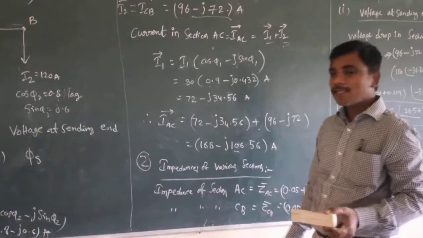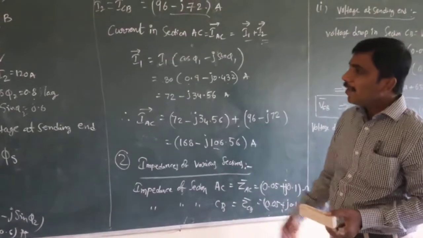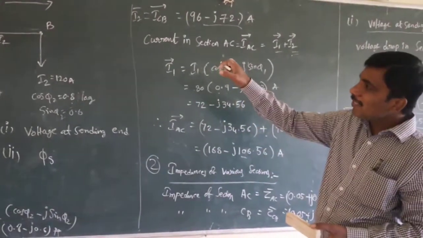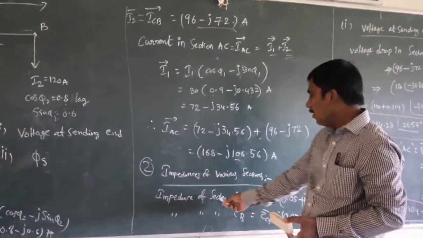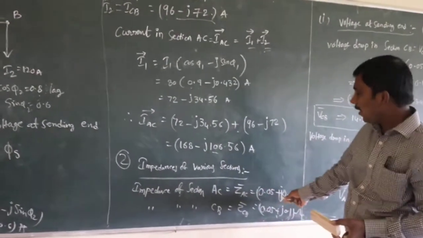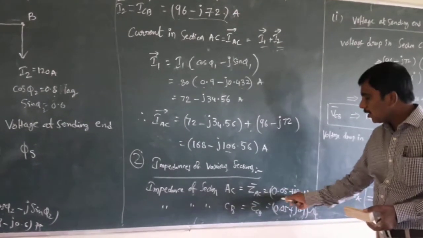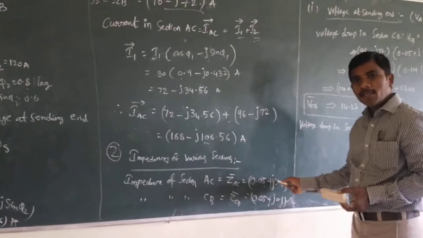After calculating these currents, we go for the impedances of various sections. Directly they gave resistance and reactance per kilometer. The length of section CB is 1 kilometer only, so directly we can substitute. Impedance of section AC, ZAC, equal to 0.05 plus j 0.1, because the resistance per kilometer is 0.05 and reactance per kilometer is 0.1.